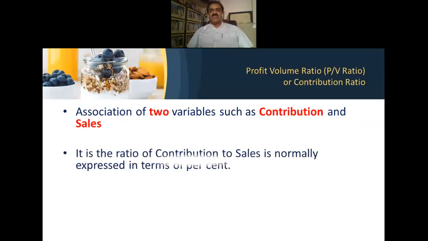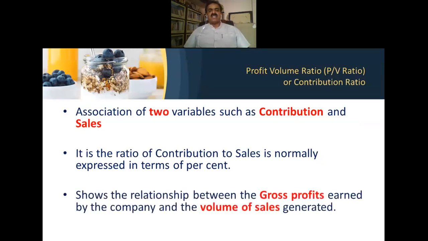To calculate this PV ratio, it is expressed as a percentage of contribution to sales. The amount of contribution on sales expressed as a percentage is called the contribution ratio or PV ratio.